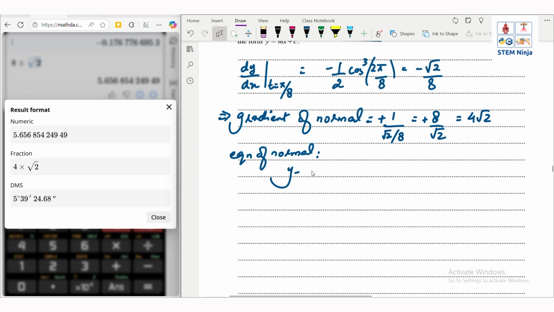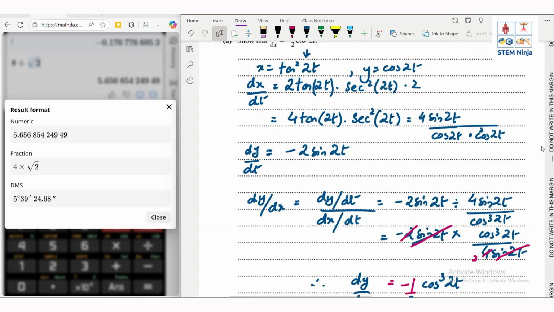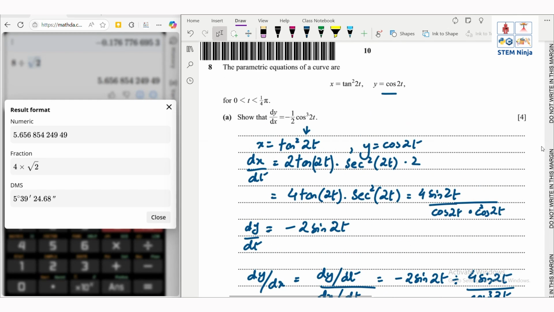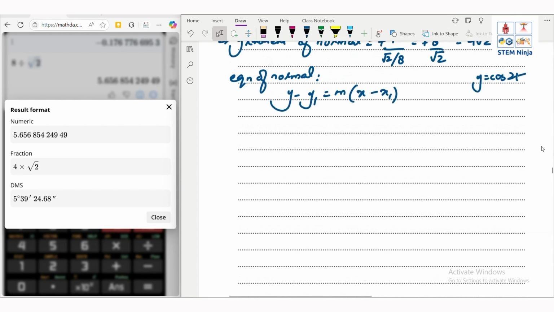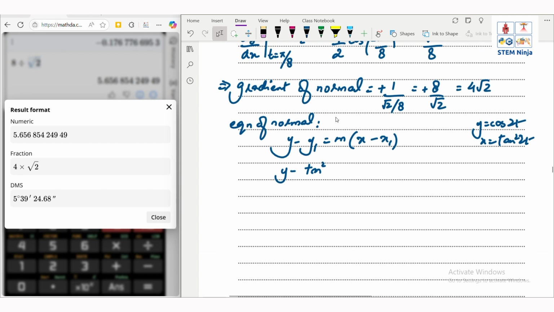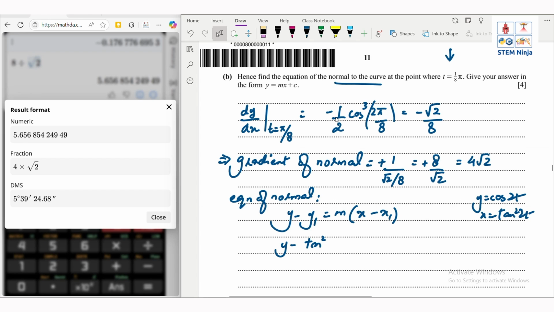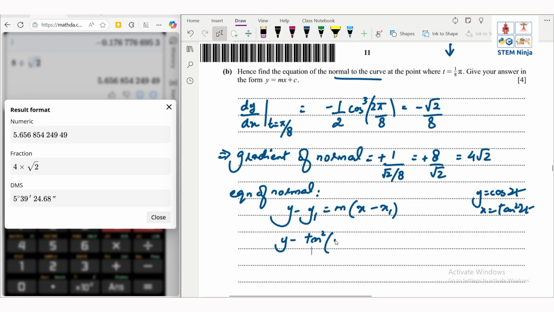So we will go y minus y1 equals m times x minus x1. So y function was cos 2t, and x was tan squared 2t. So y minus cos, now the value of t was pi by 8, so times 2, pi by 4.